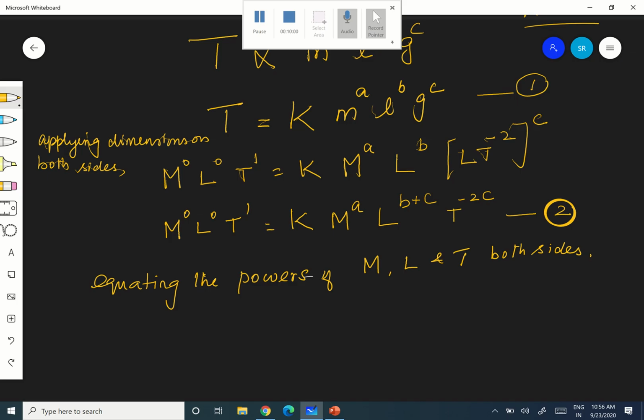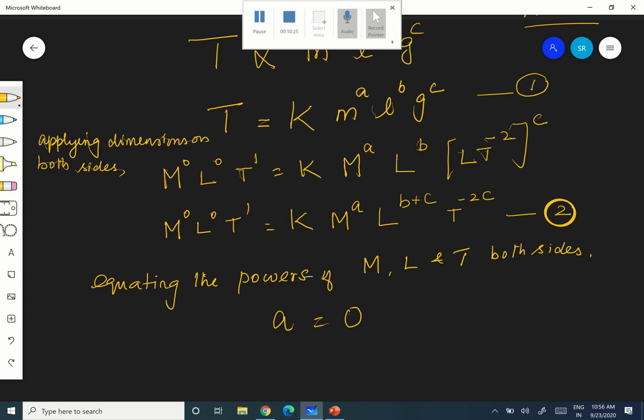Now, by using that concept, you see here M power a is on the right side, but on the left side it is M power 0. Correct? Therefore, a has to be equal to 0. Are you following? LHS is independent of M, which means RHS should also be independent of M. Why?